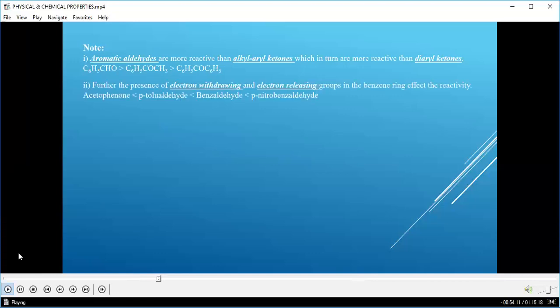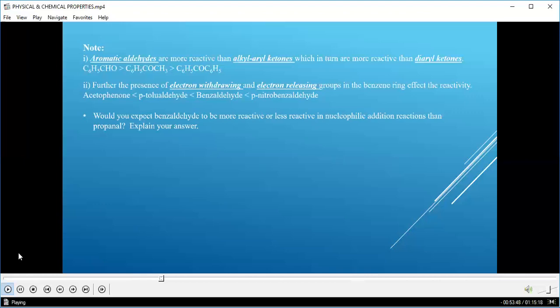Further, the presence of an electron withdrawing group or an electron releasing group in the benzene ring will affect the reactivity. Now you can check here para-nitrobenzaldehyde. The nitro group, is it electrophilic or nucleophilic?